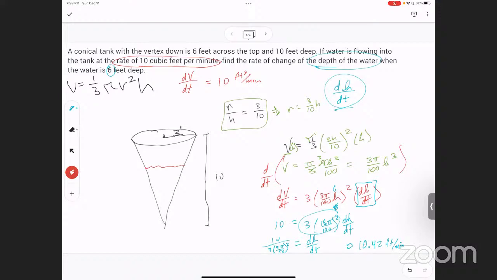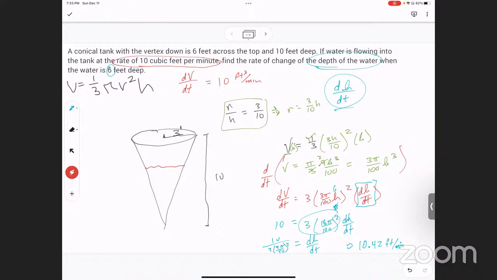So that's 3 pi over 100 h cubed. dV/dt. Taking the derivative is 3 squared times dh/dt, and then I leave.